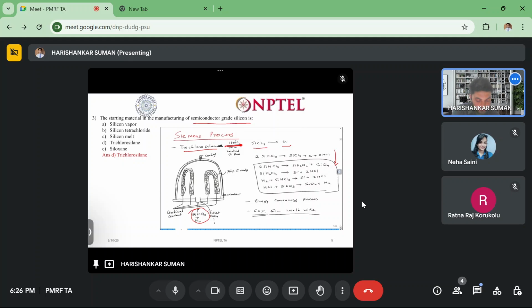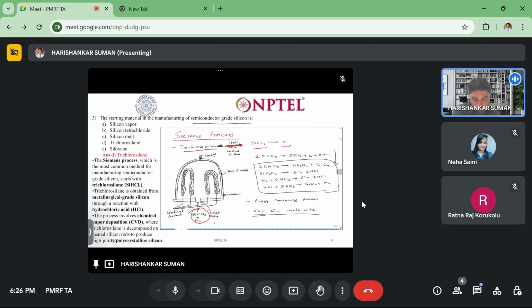Trichlorosilane. Okay, so the Siemens process is the most commonly used method for manufacturing semiconductor grade silicon. Start with trichlorosilane, which is obtained from metallurgical grade silicon through a reaction with hydrochloric acid.